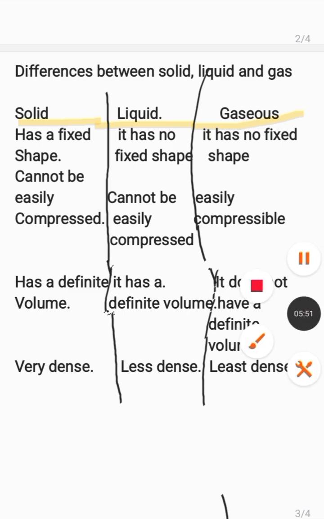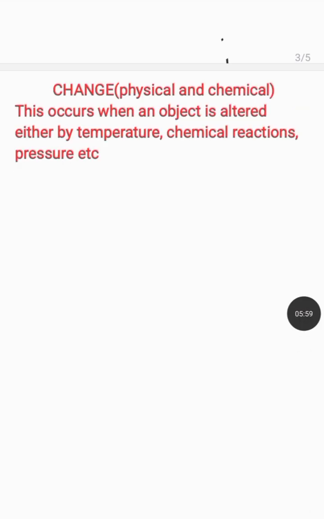Now we move on to the next section of our agenda. We are looking at change, both physical and chemical change. A change occurs when an object is altered either by temperature, chemical reaction, pressure, etc., causing its state to change.